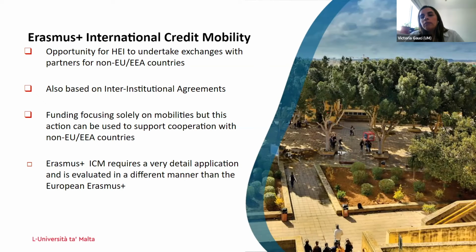Practically all the world participates, with the exception of a few countries, mainly in the Gulf. And then there are budgets tied to the different regions. So there is Asia, Russia, there is also the South Mediterranean, and other countries that are in the pre-accession process, which currently do not have access to the European-bound Erasmus.